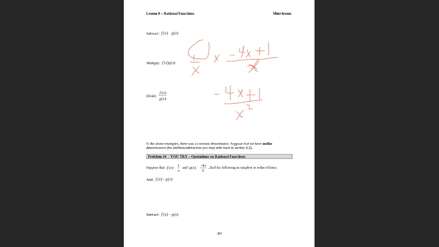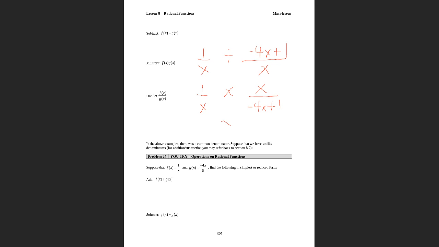Okay. What about dividing? When you're dividing, you are going to have 1 over x divided by negative 4x plus 1 over x. So 1 over x, to change the sign, times, you flip this over, negative 4x plus 1.